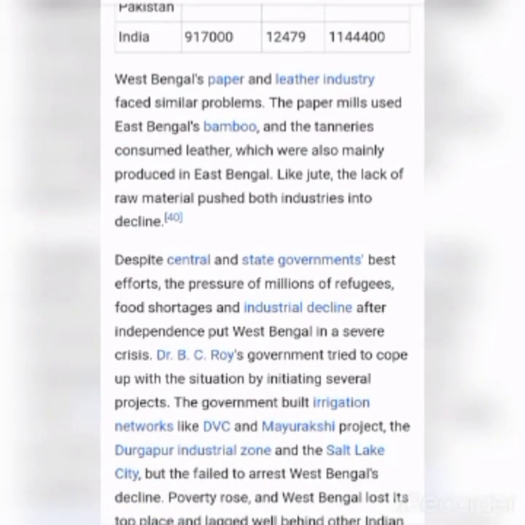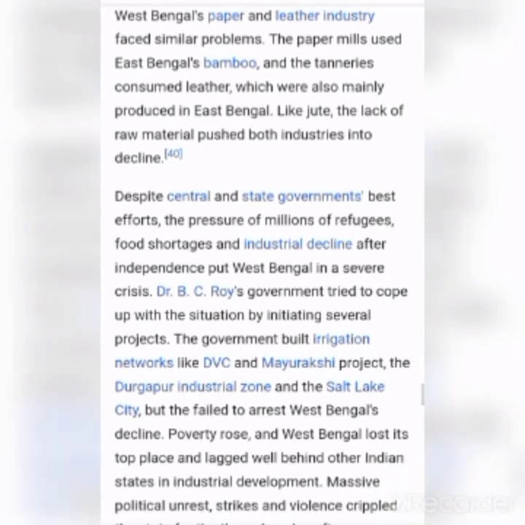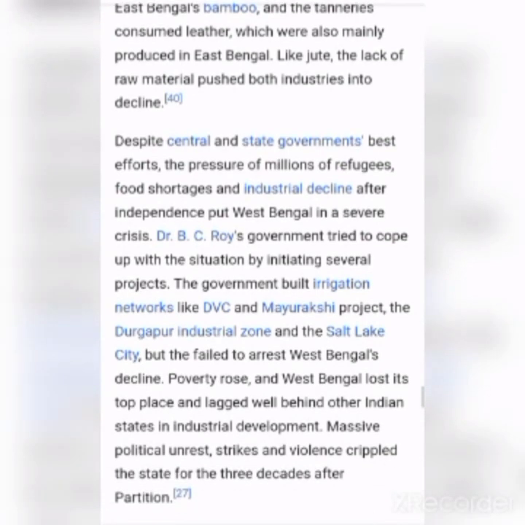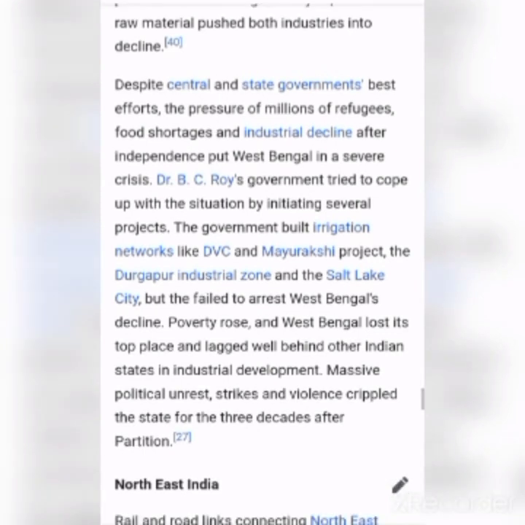Despite central and state governments' best efforts, the pressure of millions of refugees, food shortage, and industrial decline after independence put West Bengal in a severe crisis. Dr. B.C. Roy's government tried to cope with the situation by initiating several projects.